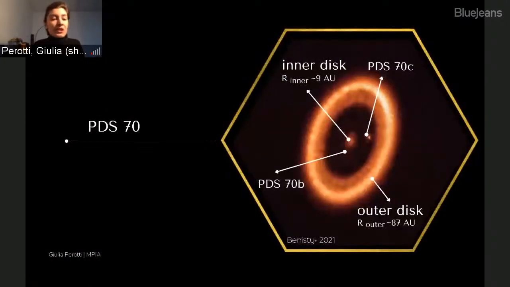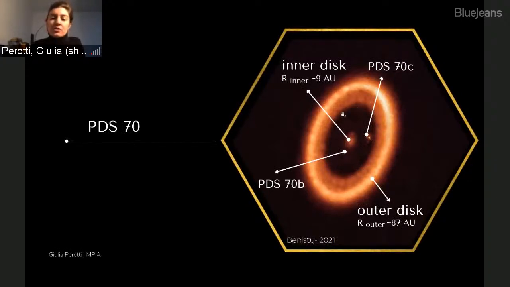For the remainder of this talk, I would like to focus on PDS-70, which is the system I worked on most over the last months. This is a unique system because it is the only system where two accreting giant protoplanets have been directly imaged, PDS-70C and PDS-70B here.